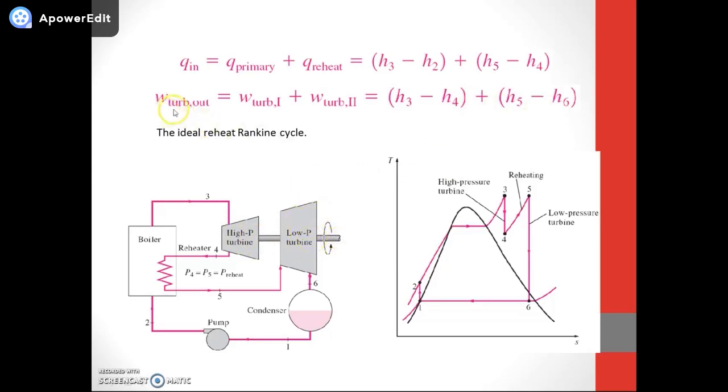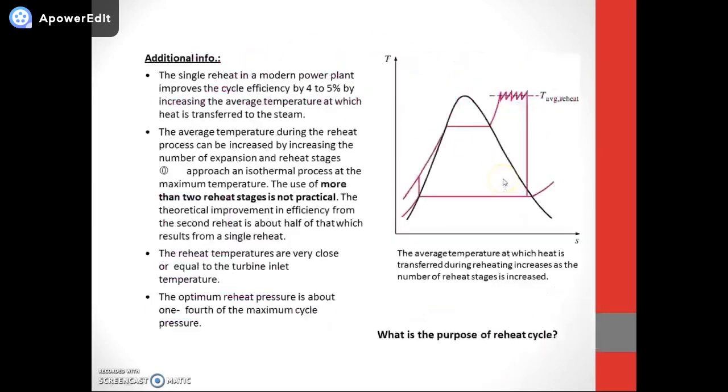So the total work turbine out, you need to include both of these. Therefore you need to find the value of each of these: H2, H3, H4, H5, H6. Okay, so that is the energy analysis that you need to do to solve this kind of problem.